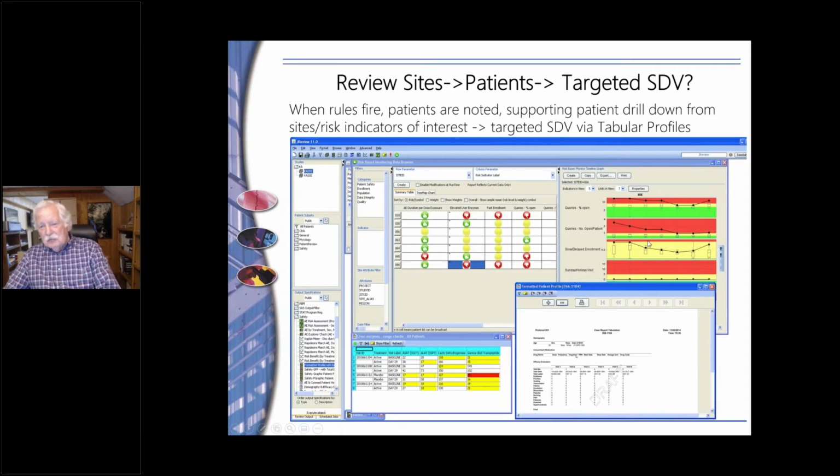And of course, also important, and I think that it's very much present in the other systems, if you see an issue, a high risk indication, you click on it, see which patients are behind that, take a look at, drill into the related data, whether it's by tabular profile and so on.